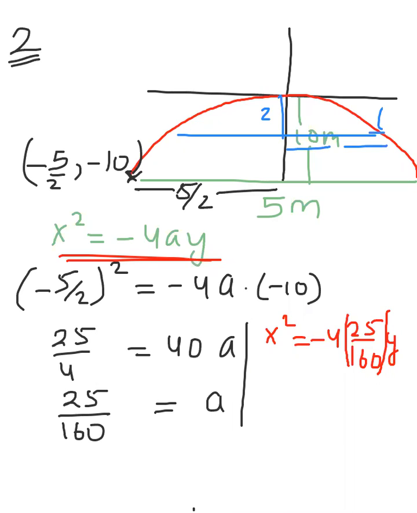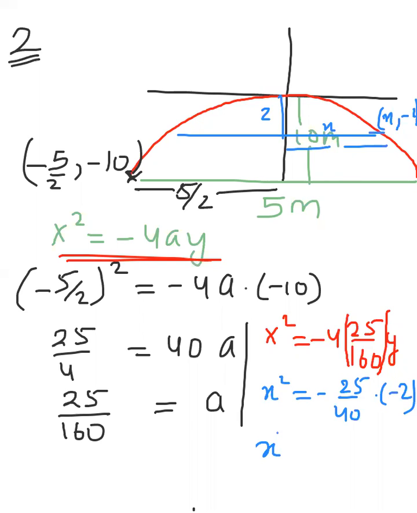This point will be getting coordinates, I'm naming it x only. So (x, -2). Let us put x equals, x square equals minus 25 upon 40 into the value of y, which is -2.